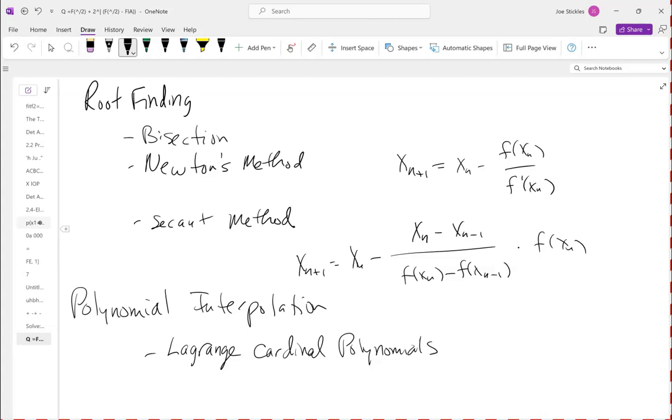The idea behind the Lagrange cardinal polynomials was create polynomials that are equal to 1 when you plug in one of the values and 0 for the rest, and then multiply them by the appropriate function values. Again, we'll be looking to do that for a quadratic. So 3 points, find a quadratic. Not looking for anything long. If you can do it for a quadratic, you can do it for anything, right?